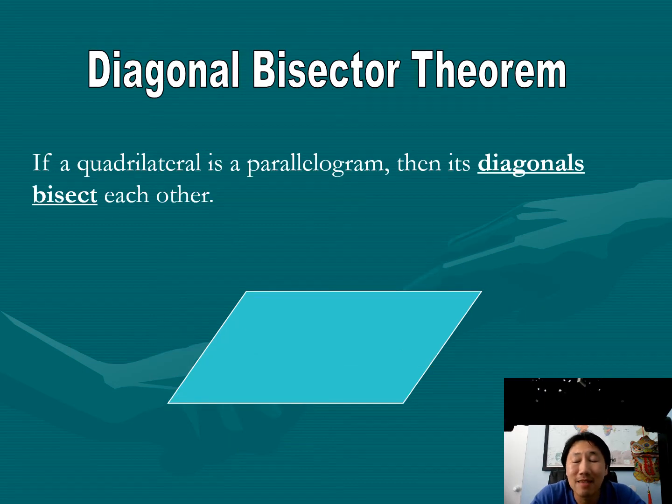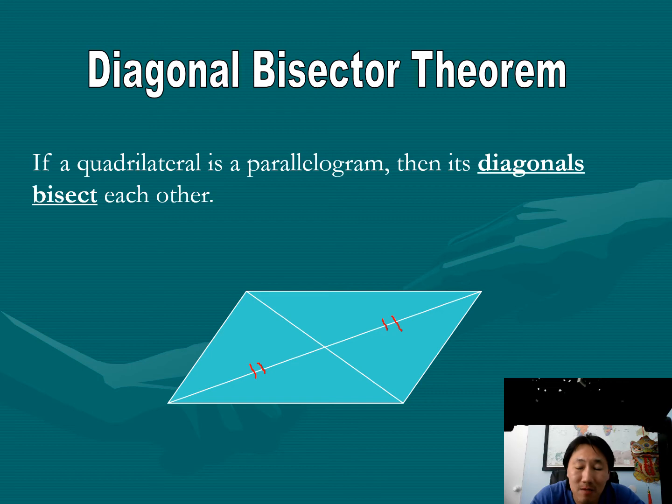And then this is the last rule, this last theorem for parallelograms, the diagonal bisector theorem. If a quadrilateral is a parallelogram, then its diagonals bisect each other. So there's the diagonals. According to this theorem, this piece equals this piece.